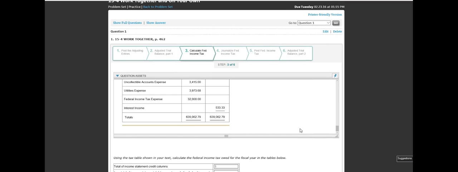Hold on. Total. Use the tax table shown in your text to calculate the federal income tax owed for the fiscal year in the tables below. Total of income statement credit columns.